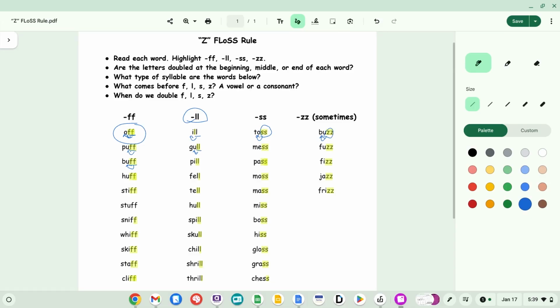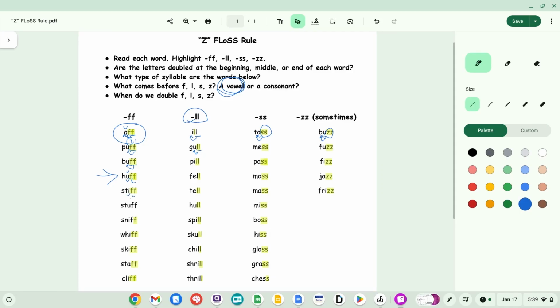I've taught my students that these are closed syllables when the vowel is followed by a consonant. So I want them to notice that there are vowels next to those F, L, S, and Z. When they are closed in, that vowel is the short vowel, so it makes the short o sound. That word would be off. In this word, that would be vowel consonant, so the U would say the word is huff.